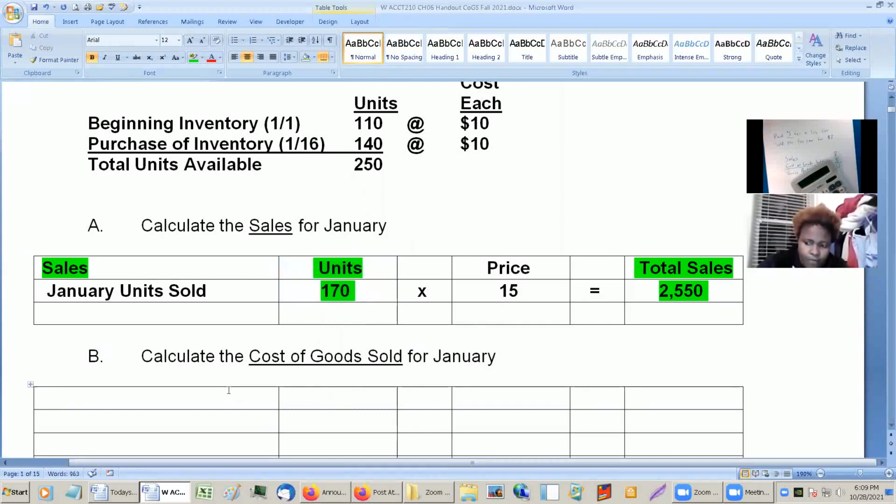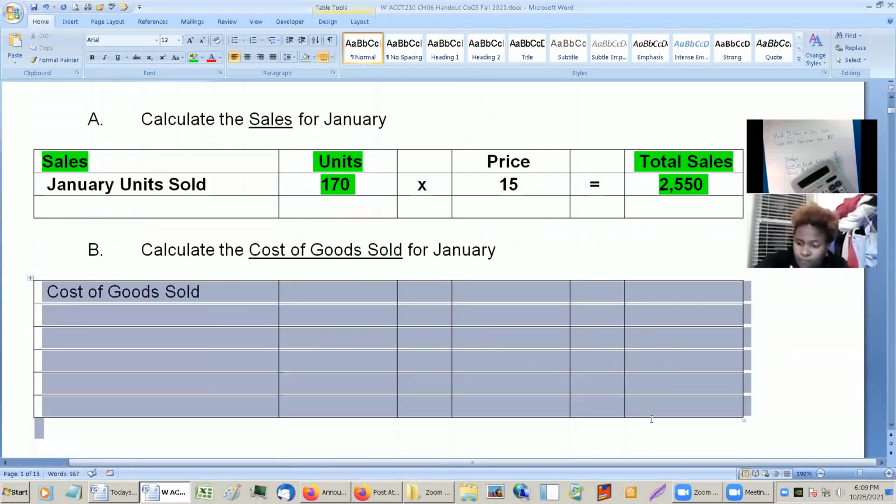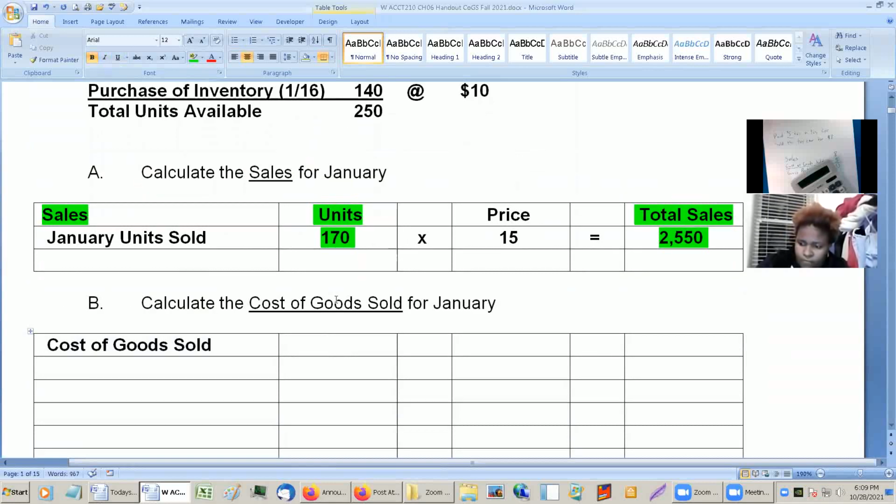So coming down here, so cost of goods sold. And this will be for the January units sold. We have 170, just like above.